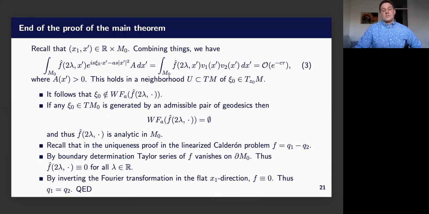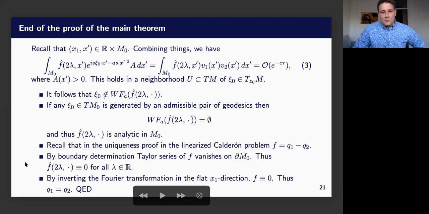We can show that the Taylor series of Q1 is the Taylor series of Q2, which means that the Taylor series of f vanishes. Since f is analytic on the transversal manifold, it means that f hat 2 lambda dot is identically 0 on the transversal manifold. And we can make this happen for all lambda in R.